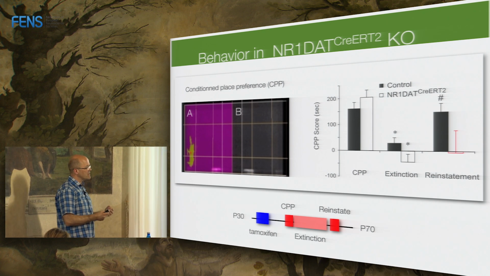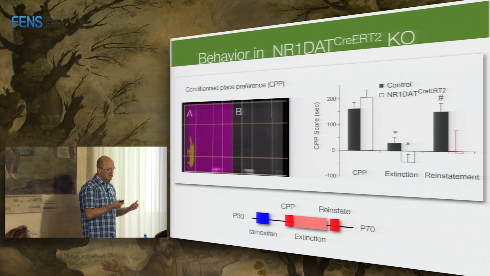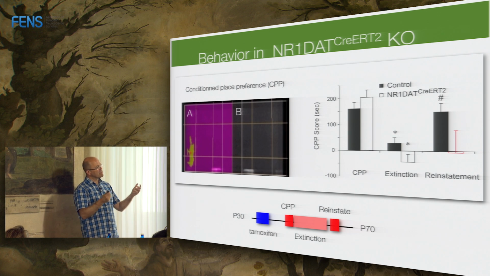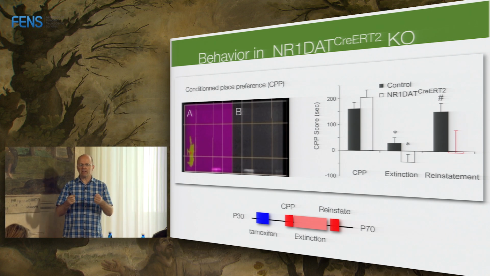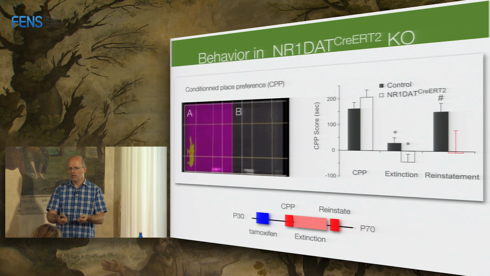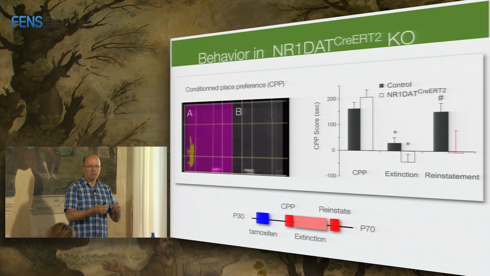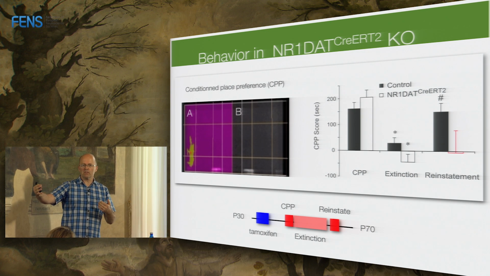So this was a very difficult moment in the whole lab, because we realized that we had a very specific handle on this plasticity, but the behavioral repercussions occurred much later. There was a total temporal disconnect.